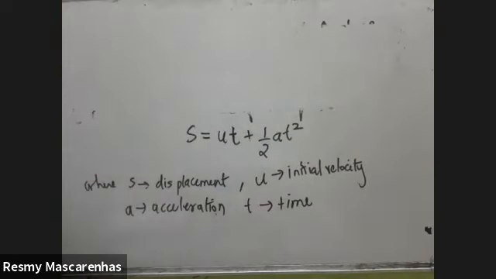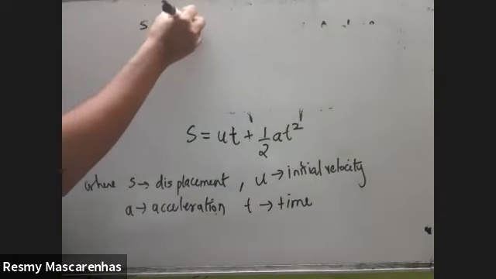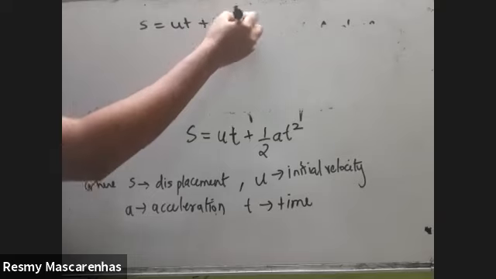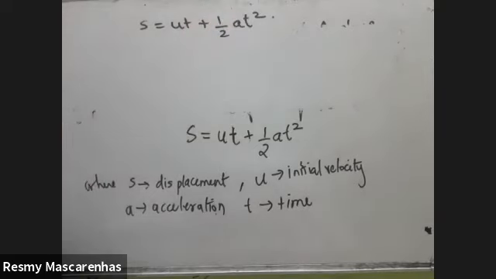We'll write the question down. Now they have told S means displacement. Displacement means what? Can anyone tell me? What will be the dimension out of those columns which I had given to you all? What is the physical quantity measured for displacement?